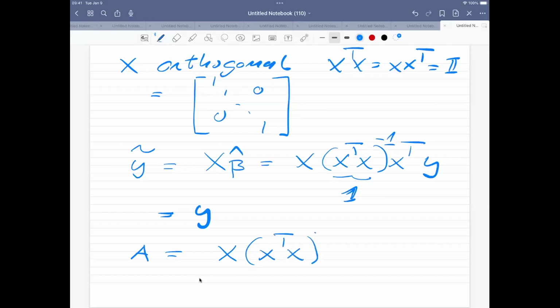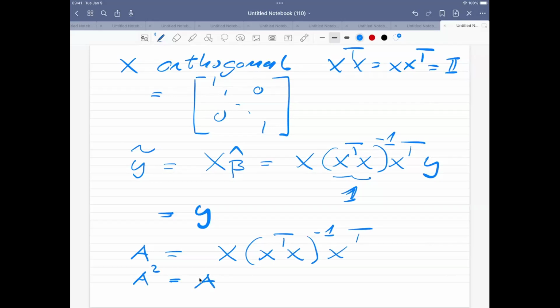If you look at that matrix, it has a special property, and you can actually prove that immediately. This matrix has the property that if I take A squared, it's actually equal to itself. And you can see that if you multiply that matrix with itself.